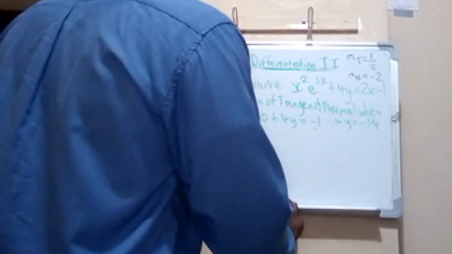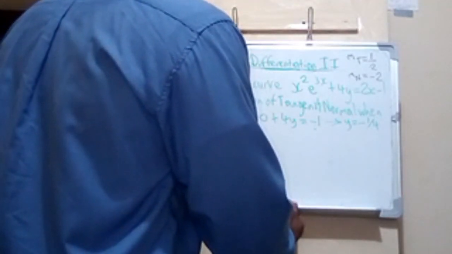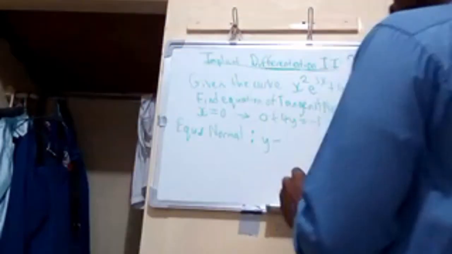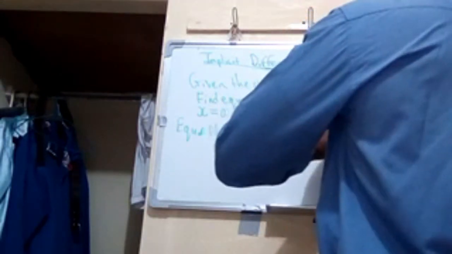So the equation of the normal will be given by y minus y1 equals the gradient of the normal into x minus x1.